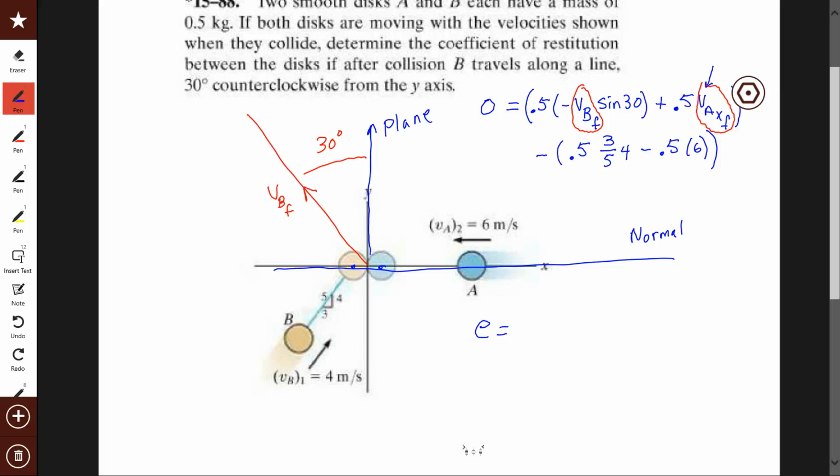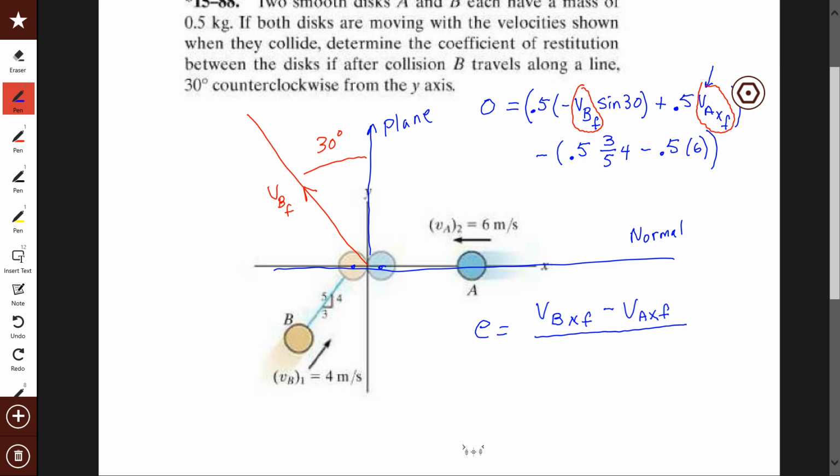So I'm going to take B, let me just write it out. The velocity of B in the normal direction, which is the x direction, after the collision, minus the velocity of A in the x direction, which is the normal direction, after the collision, divided by, and now I do the initials and reverse the A's and B's.